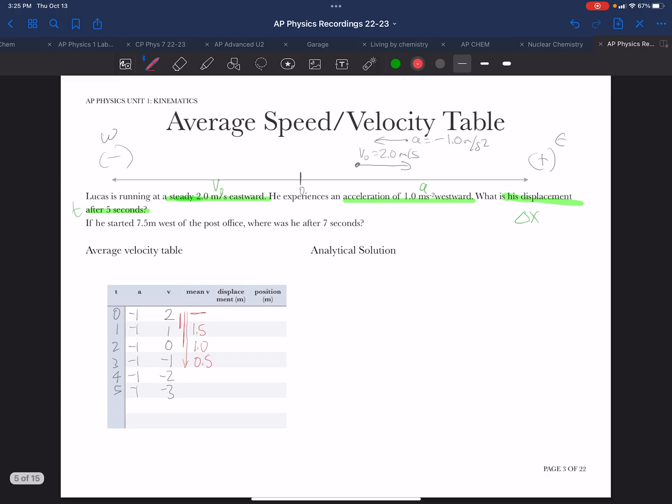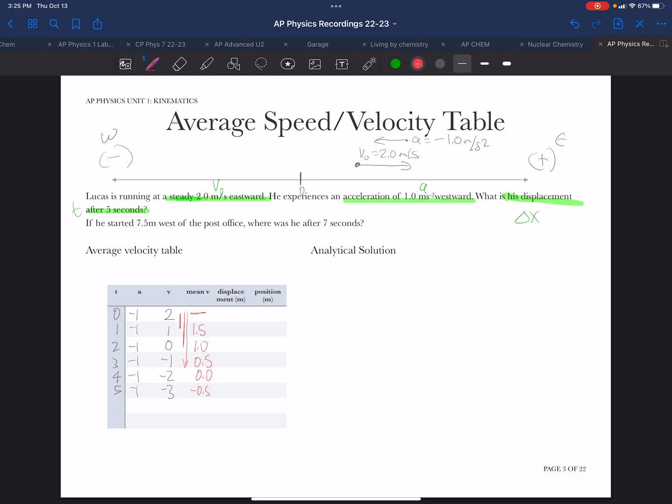After 4 seconds, we can see it's 0. And after 5 seconds, we can see it's a minus 0.5, because 2 plus a minus 3 is minus 1, divided by 2 is minus 0.5. What we can observe is that the average velocity is decreasing, or getting closer to 0. It's becoming more negative by 0.5 meters per second every second, a steady decrease of 0.5.